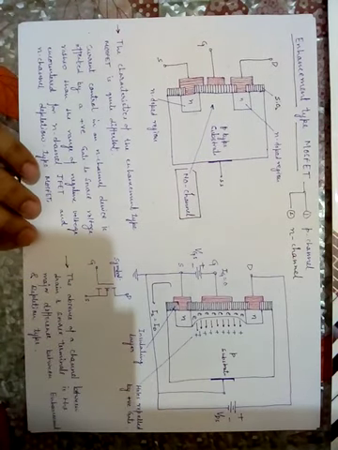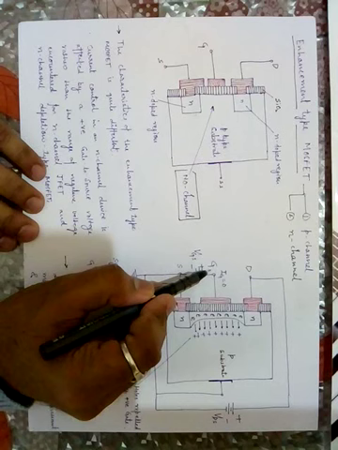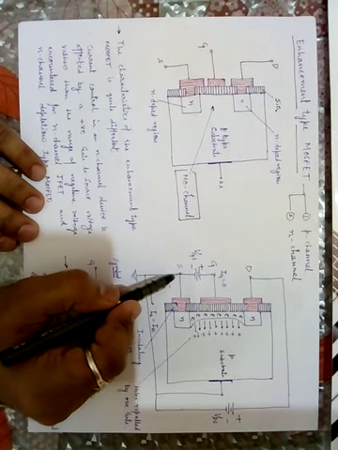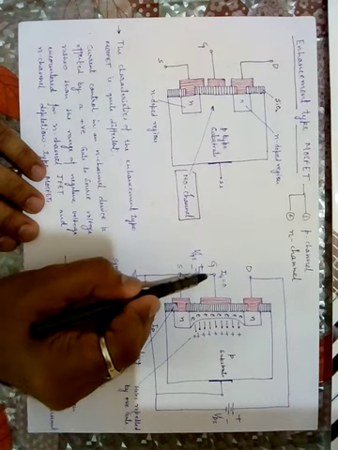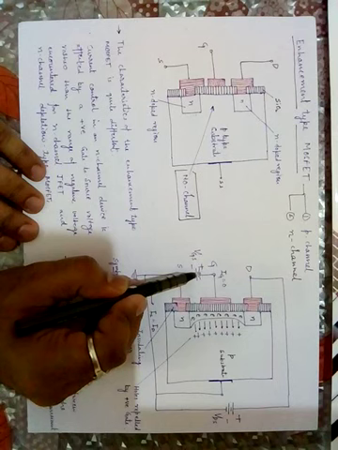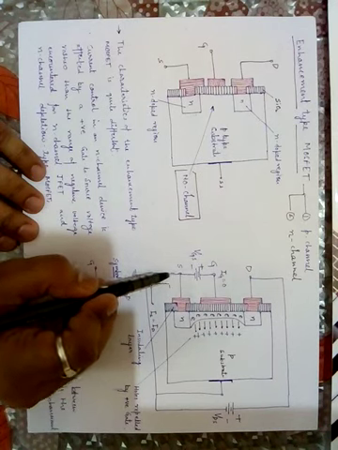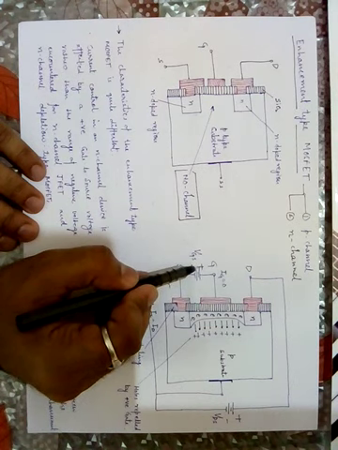See, here I have attached the gate voltage, and the gate voltage is a positive voltage with respect to the source voltage, and the source is connected to the ground. I repeat, the gate voltage with respect to the source voltage is a positive value here, and I have connected the source to the ground. Why have I given a positive value here?